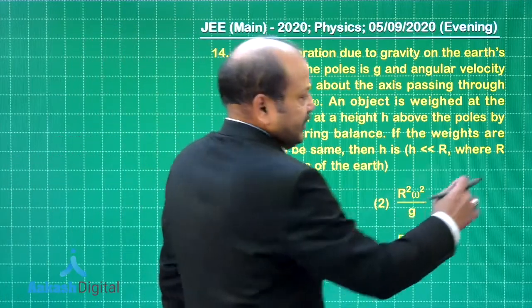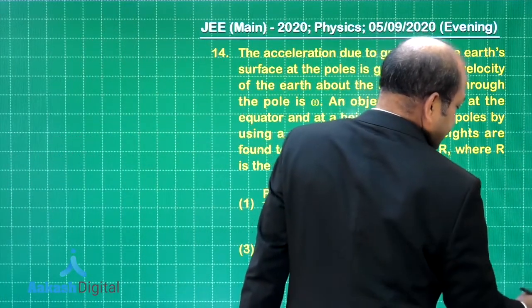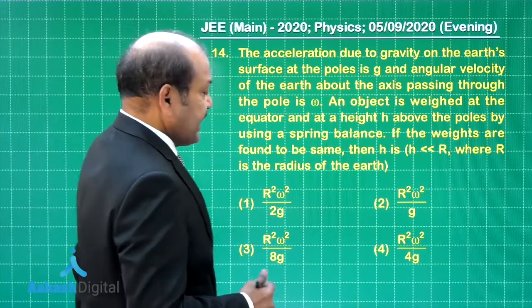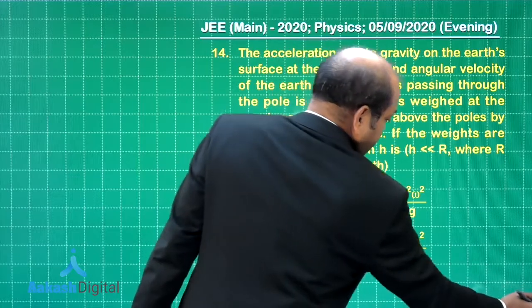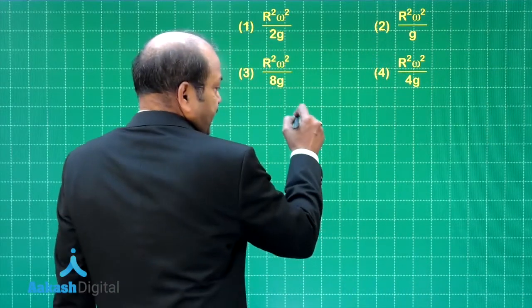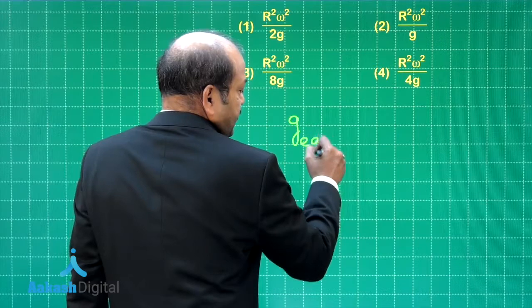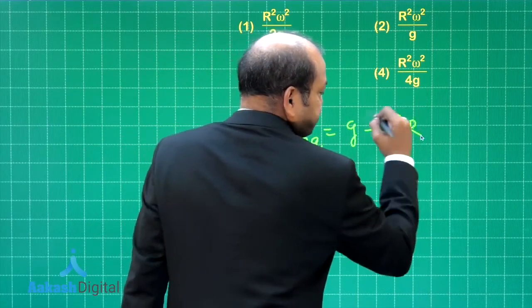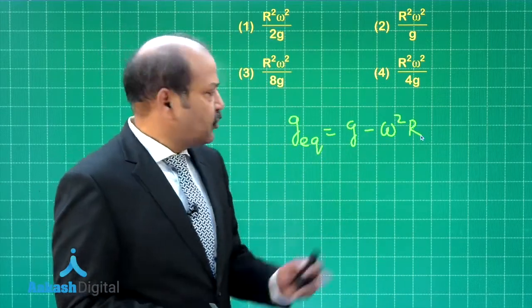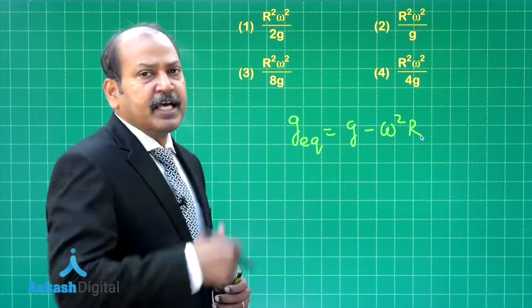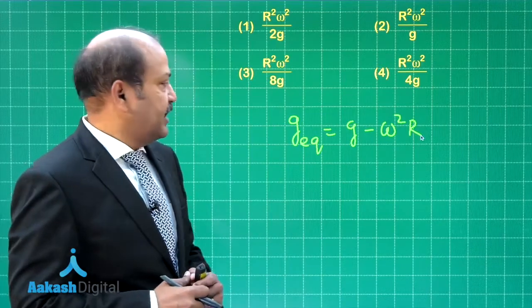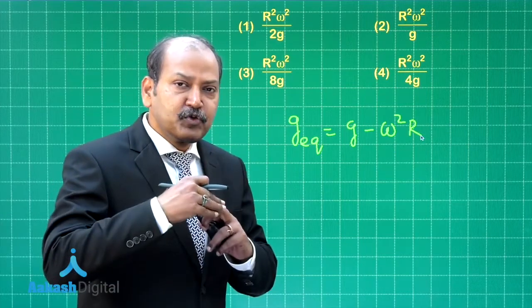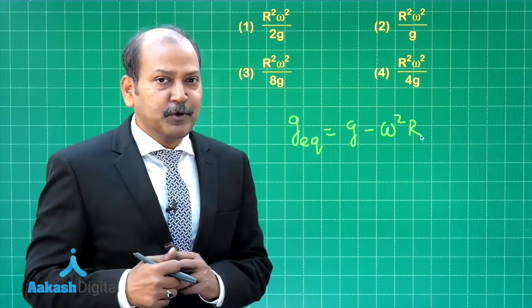Now, if we look at the expression for acceleration due to gravity at a point on the equator, g at the equator is equal to g minus omega squared into R, R being the radius of earth, omega being the angular speed of the earth about its axis which is passing through the poles. And this is same as the acceleration due to gravity at a height h above the poles.